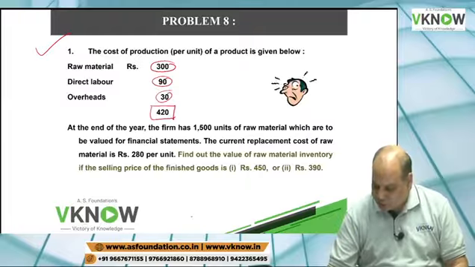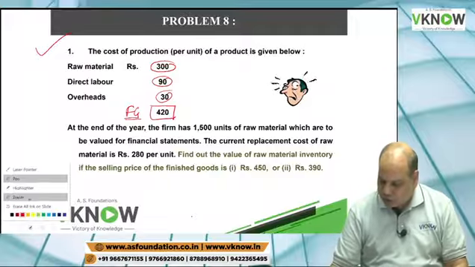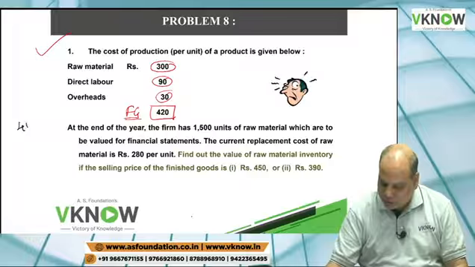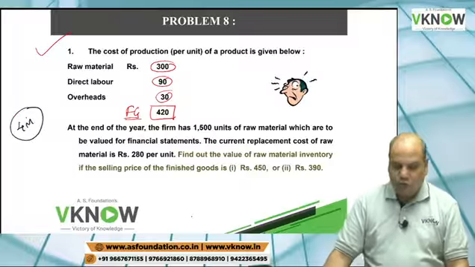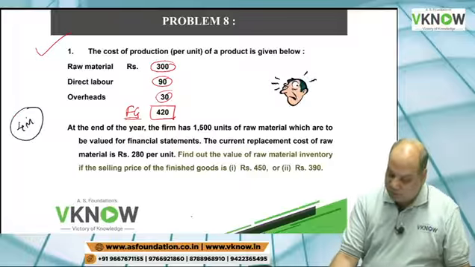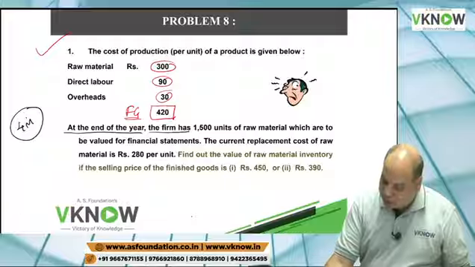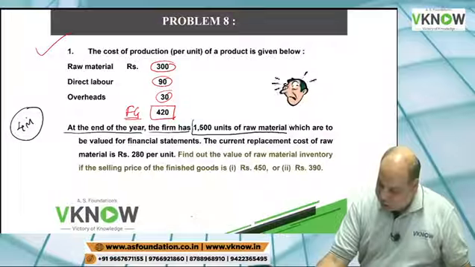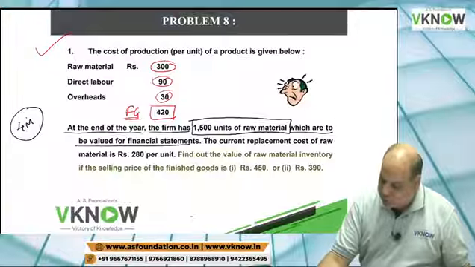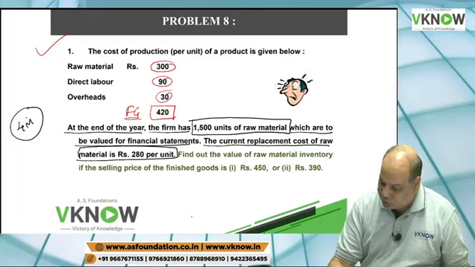Total cost of finished goods is 420. This kind of questions are asked for 4 marks in the exam. If you don't know the concept, you will make mistake. At the end of the year, the firm has 1500 units of raw material which are to be valued for financial statement. Current replacement cost of raw material is 280.